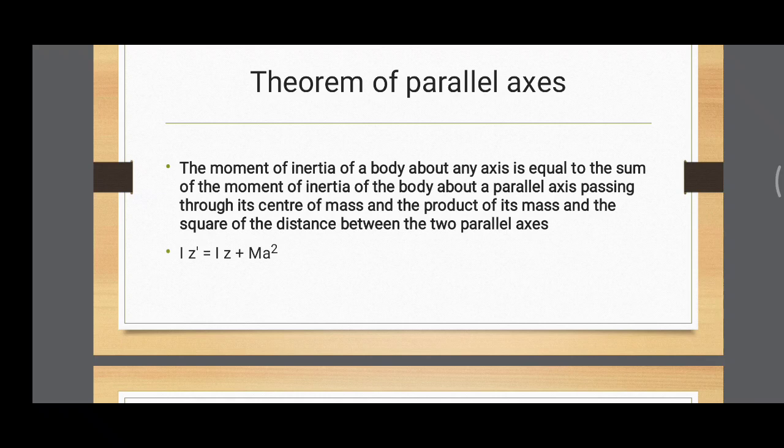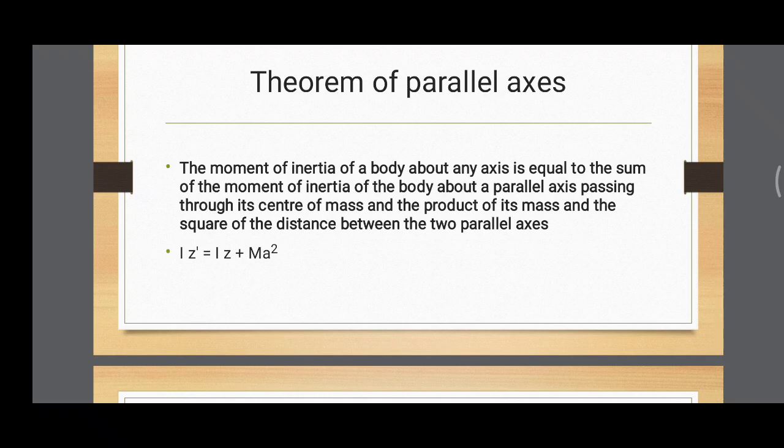So you have to find the moment of inertia about a particular axis. You can consider any of the axes. It is not necessary that the axis should be perpendicular to the plane. And in this theorem, the parallel axis theorem, you can consider any kind of body.